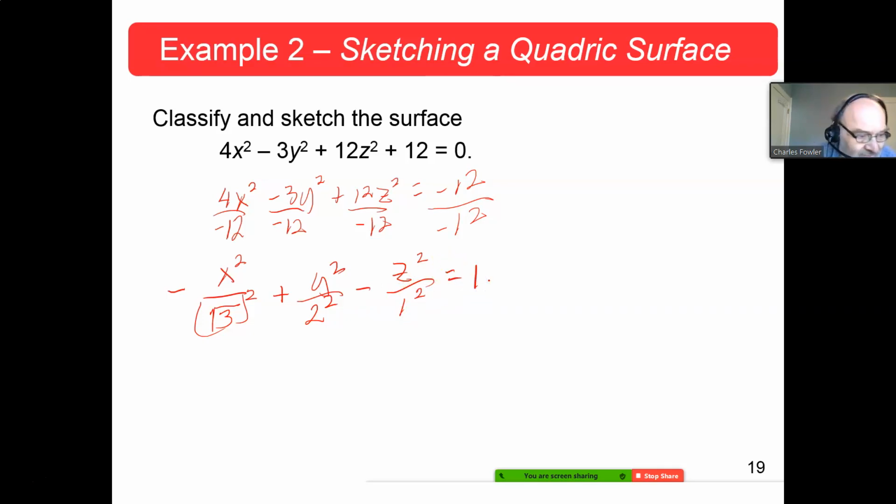Now, why did I do it that way? To sort of get it into our standard form.